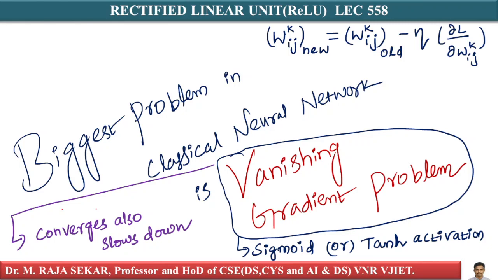What is my update? Your update is w_kij new equal to w_kij old minus eta into the derivative of the loss function with respect to the weight.